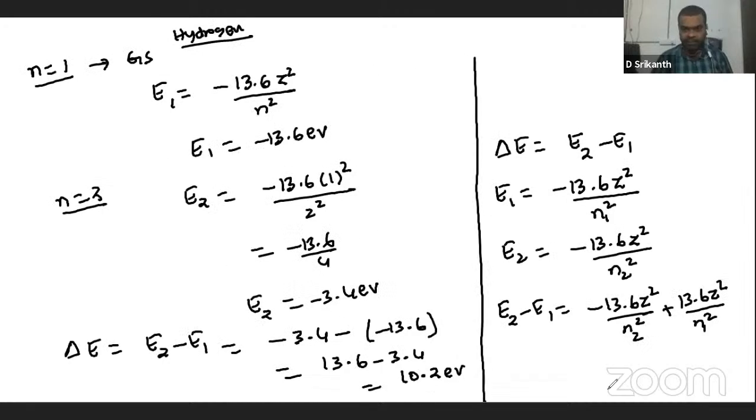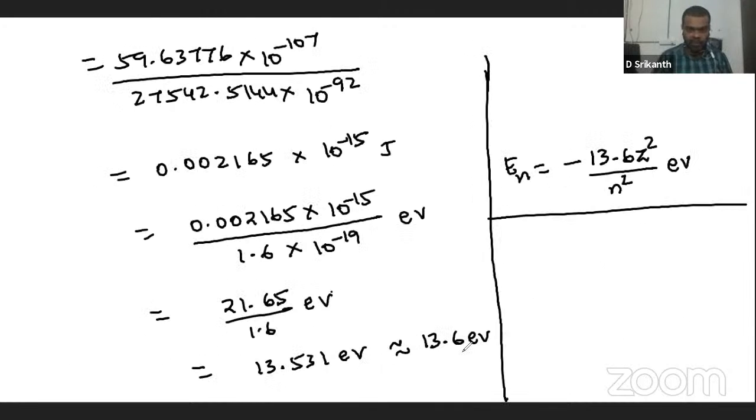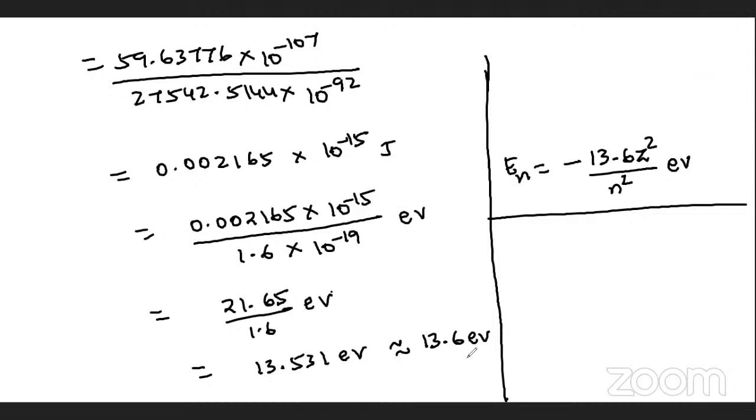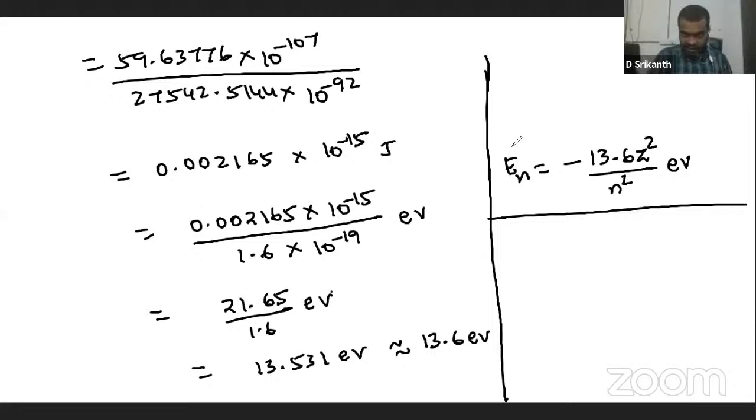I think up to here you wrote, na? Did you write up to here, madam? Yes, sir. Okay, after that write on this one. En is equal to minus 13.6 Z square by n square.